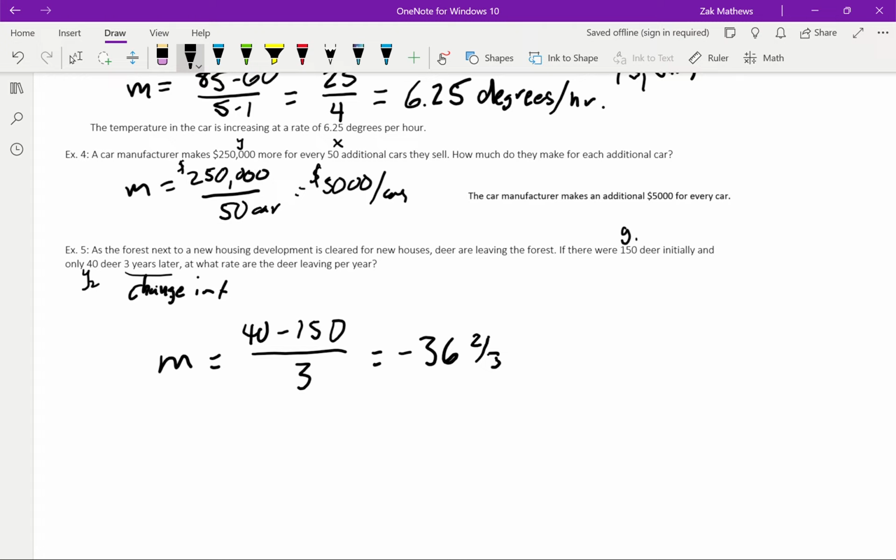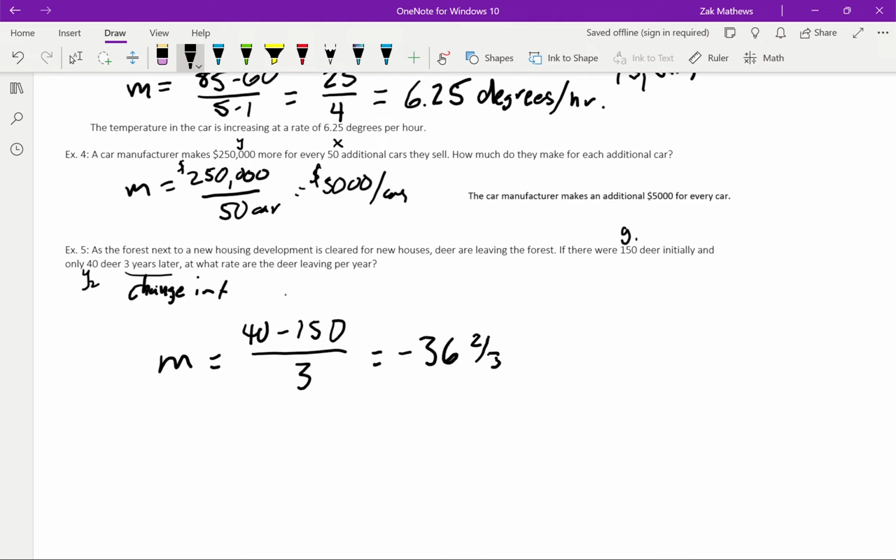Now, you might be looking at that saying, well, wait a minute, is a negative right? And yes, because things can go up or they can go down. Here the deer are leaving, so it makes sense that it would be negative. The number should be negative because that's indicating that we have less than before. In the last two examples, as the x was going up, as the independent variable was going up, so too was the y. As time progressed, so too did the temperature increase.